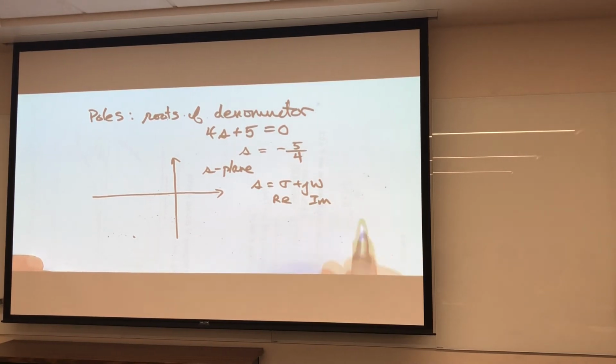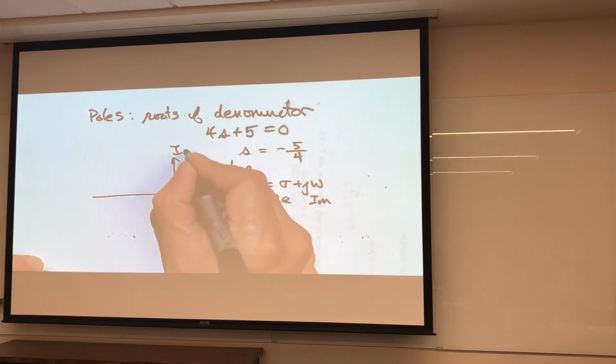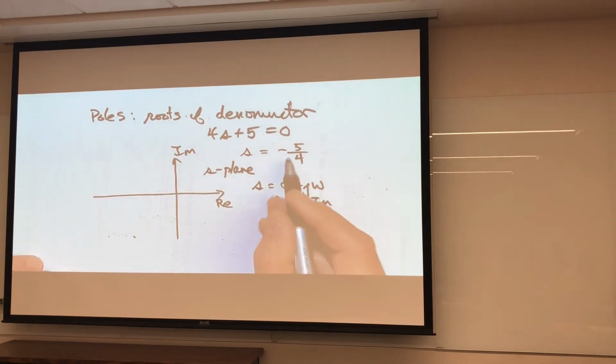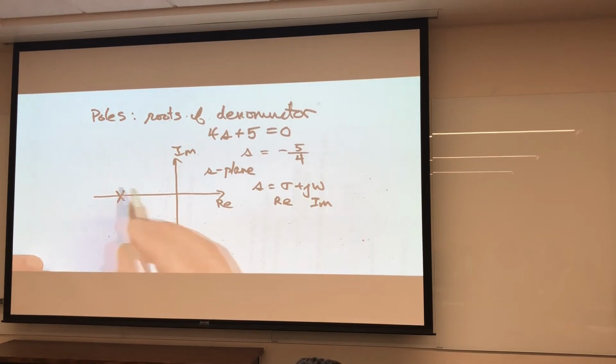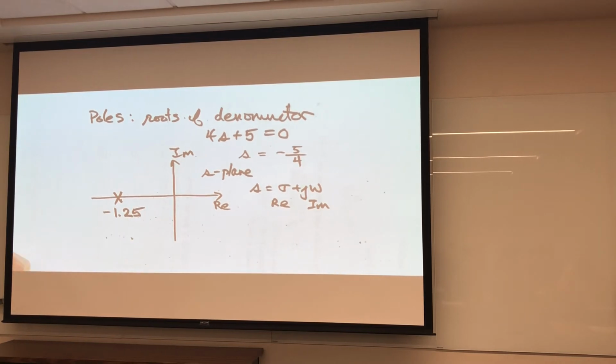Re means real, Im means imaginary. I'll put the real part here and the imaginary part here. This particular number is minus 5 over 4, which is minus 1.25, and it would plot right here.